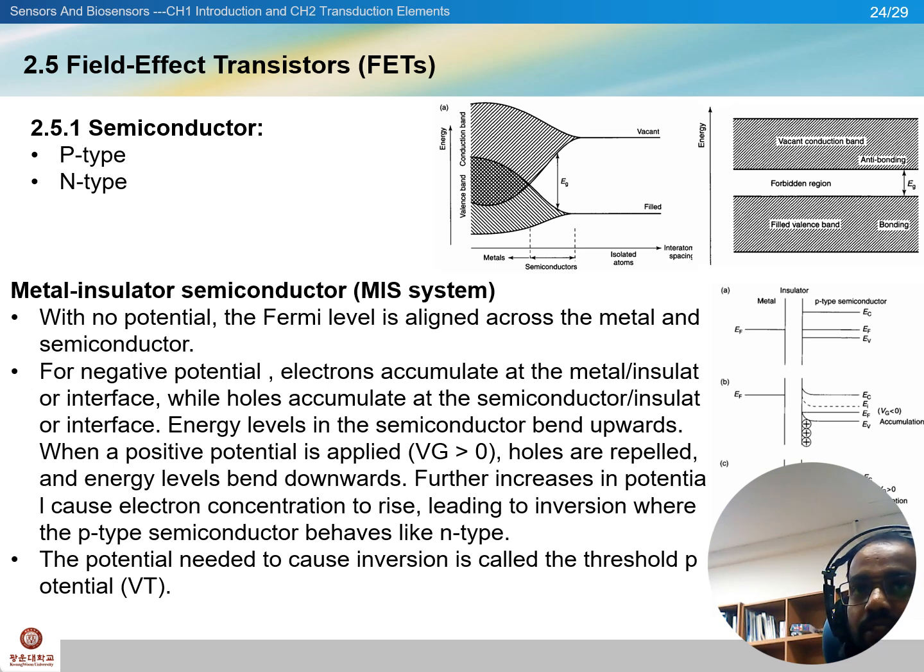For negative potential, electrons accumulate at the metal insulator interface, while holes accumulate at the semiconductor insulator interface. Energy levels in the semiconductor bend upward. The potential needed to cause inversion is called the threshold potential.